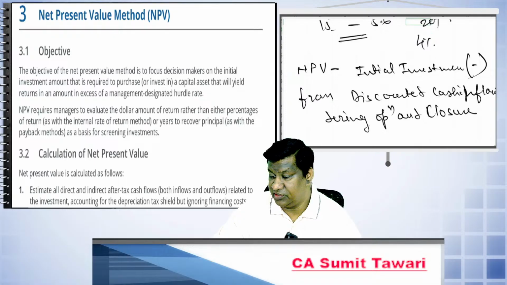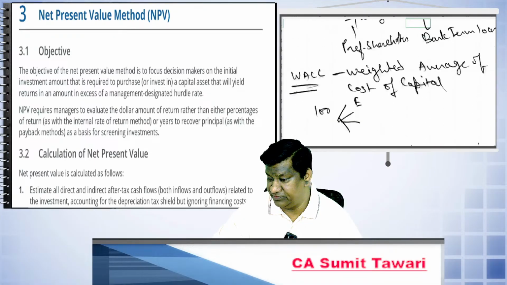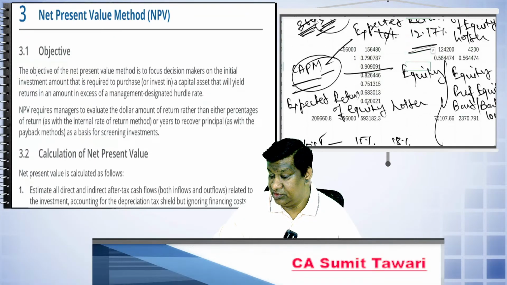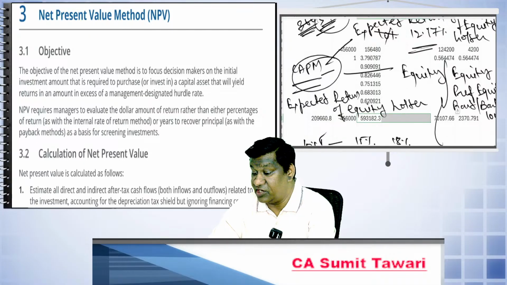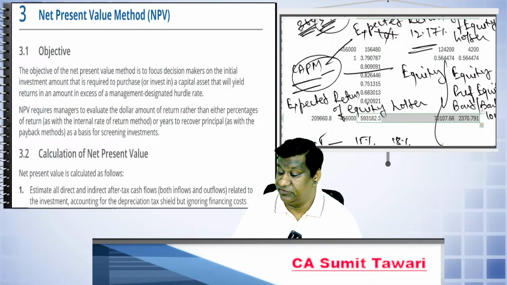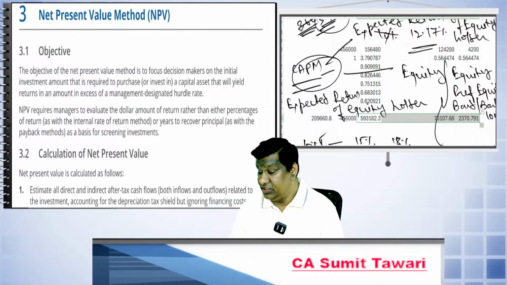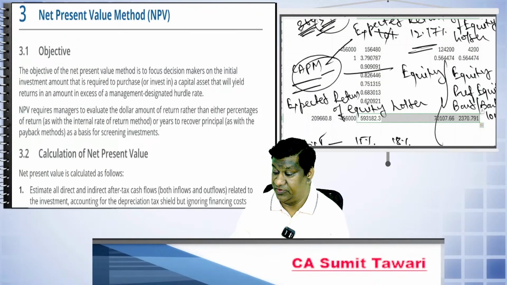Okay, so in this example, my net investment is 4,56,000, and the discounted cash flow for the operation period and the closure is 665,560.